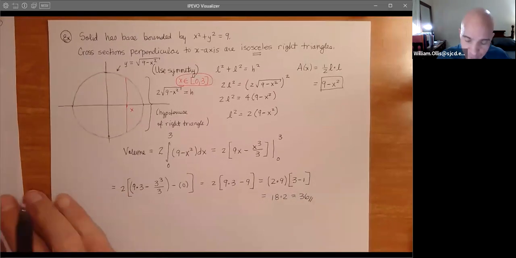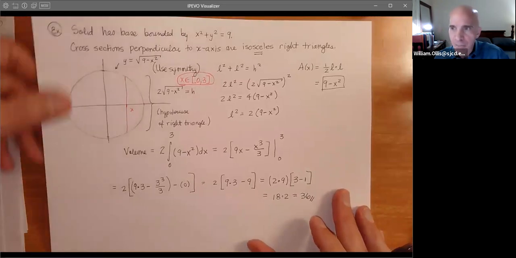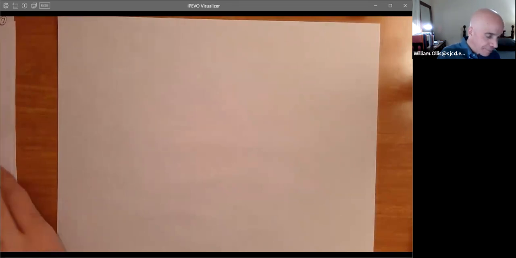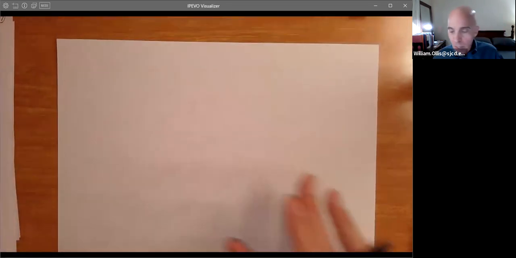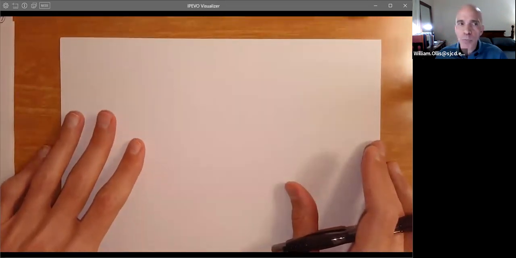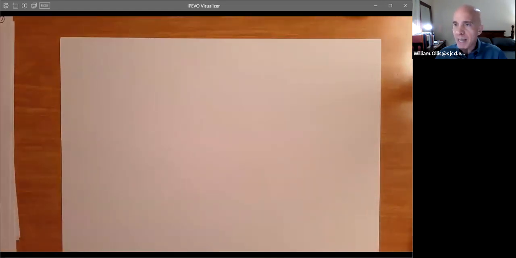Now, the other example that I wanted to do has to do with the ring. There's a WebAssign problem where you're thinking maybe you work for an industry and you make these rings, and you've got these spheres of gold.